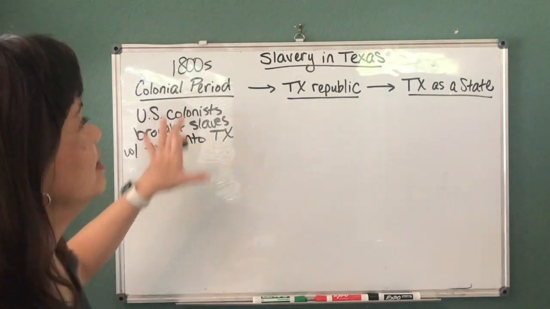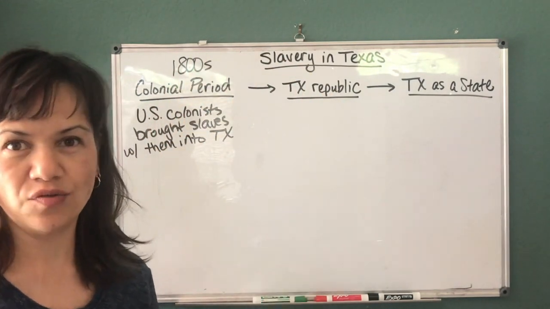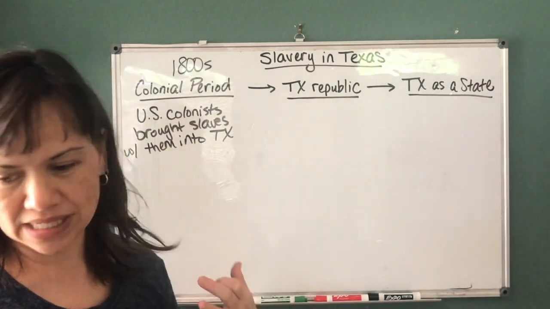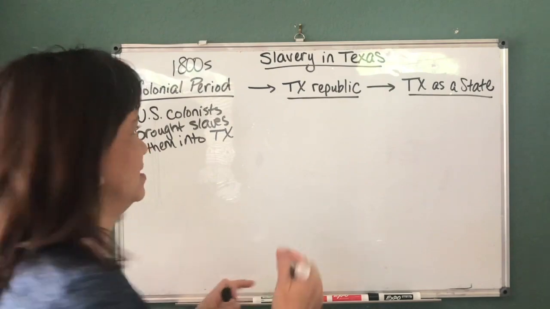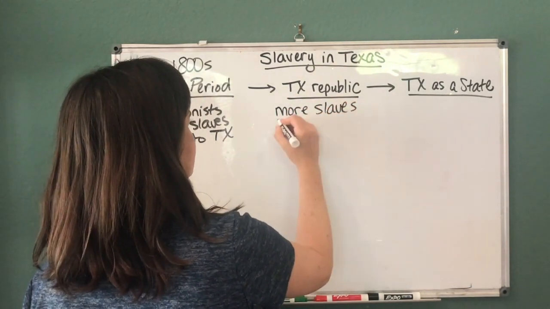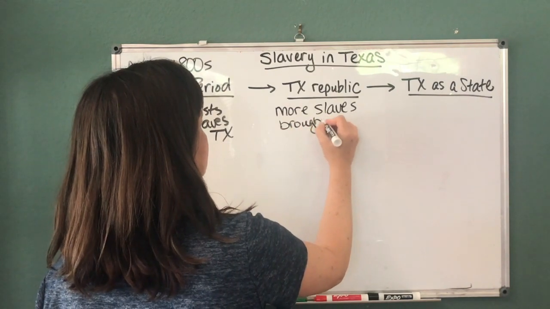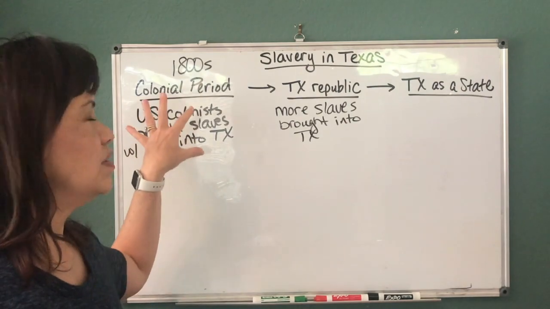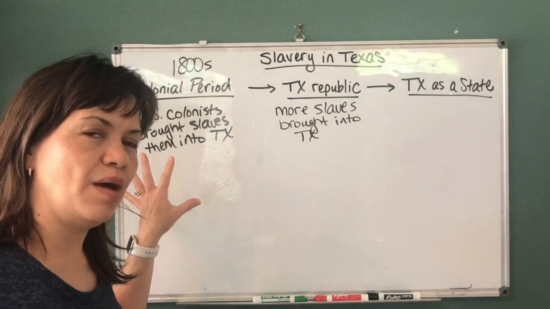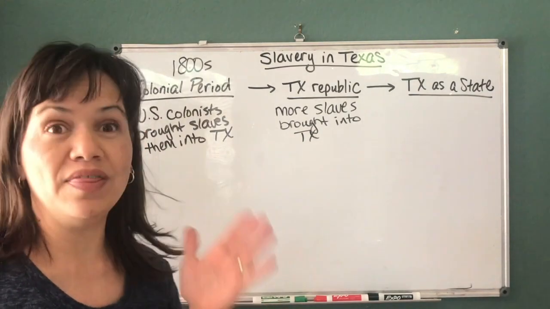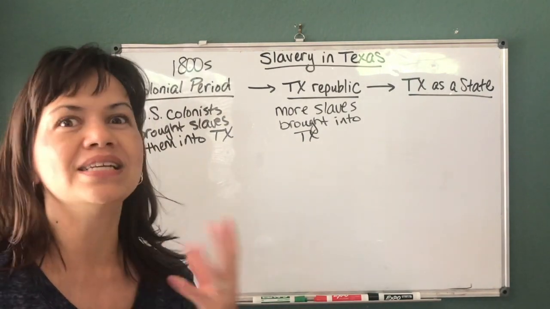Now, then Texas wins their independence from Mexico, and so even more slaves were brought into Texas. Because remember, in the beginning, Mexico turned a blind eye to slavery, but then they decided, you know what, there are way too many U.S. colonists coming into the land.